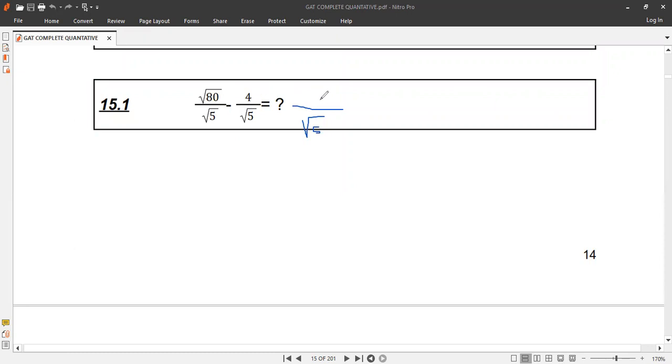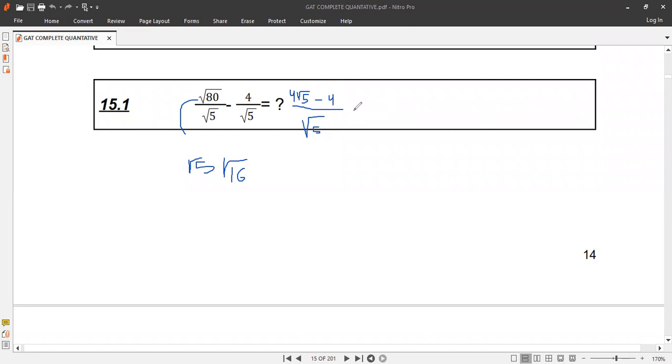Now, what do I do here, root of 80? Well, how can I write it? 5 multiply what? Because I want root of 5. So I write root of 80 as root of 5 multiply root of 16, because 5 multiplied by 16 is 80. Root of 16 is 4, so it becomes 4 root of 5.